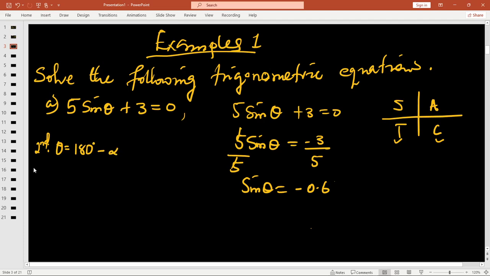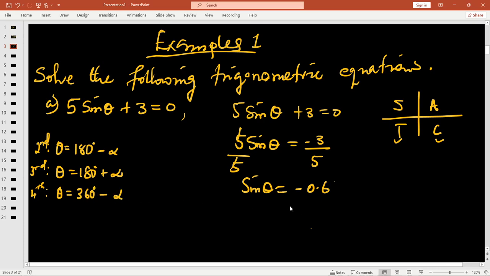Then in the third quadrant, theta is equal to 180 degrees plus the calculated angle, alpha. For the fourth quadrant, the answer is equal to 360 degrees minus alpha.